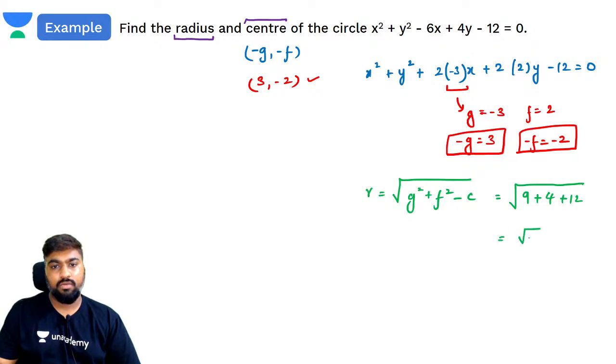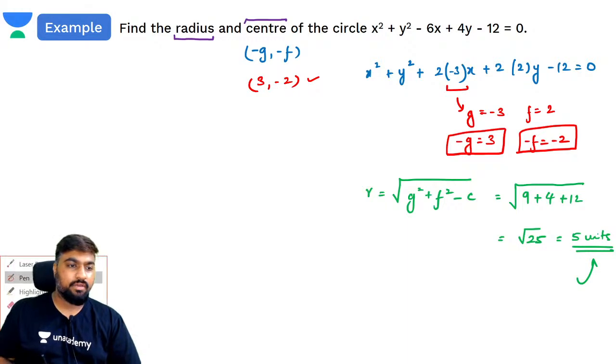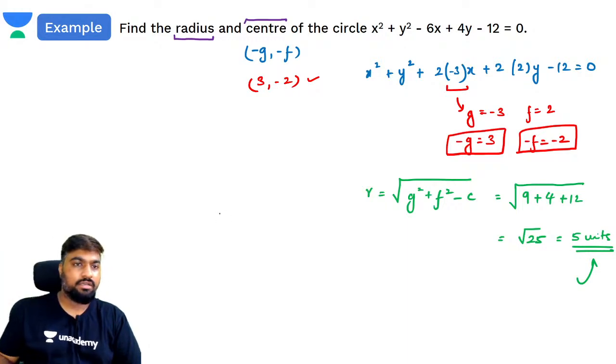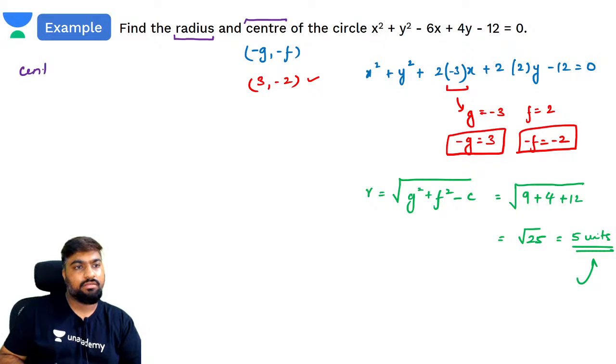This is square root of 25. So this is 5 units. So for this given question, the center is 3 comma minus 2, and the radius is 5 units.